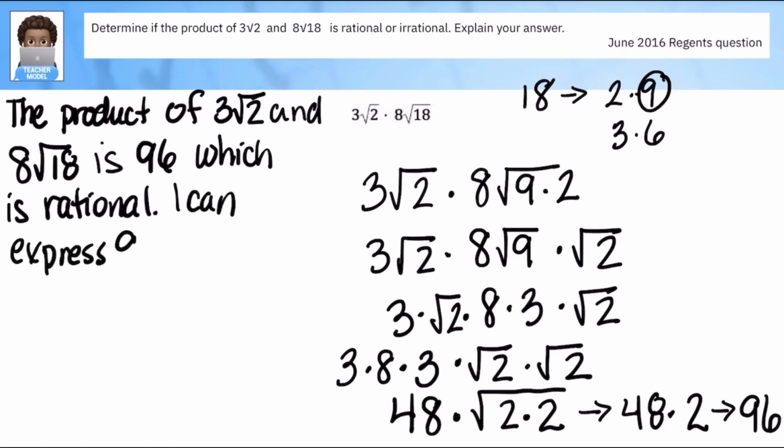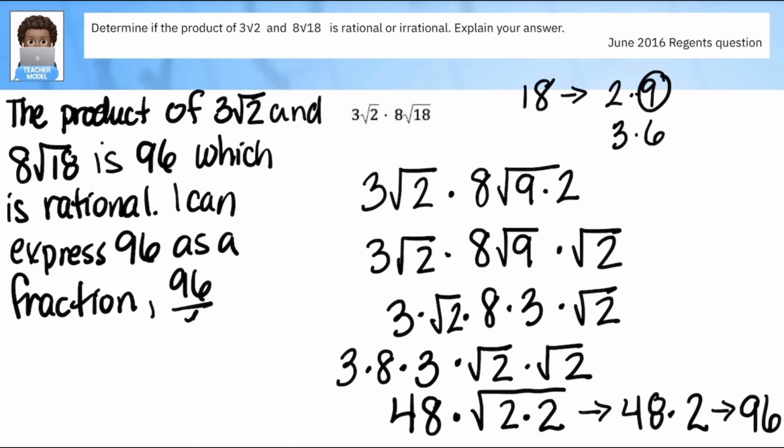I can express 96 as a fraction, 96 over 1. All right, and there we go. I've answered this question completely.